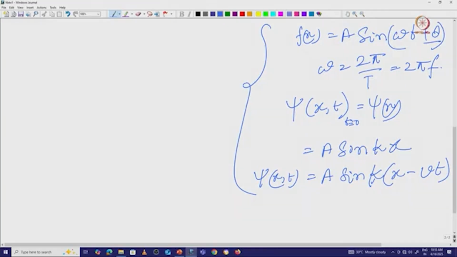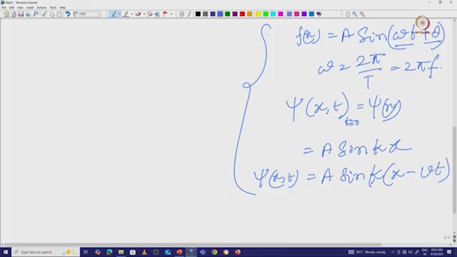Then we have this omega t plus the phase change of the wave.